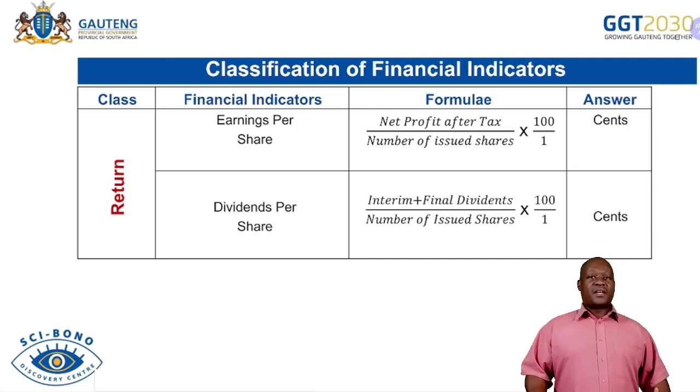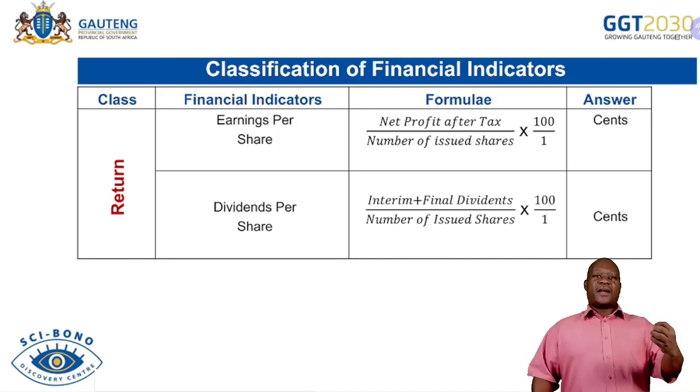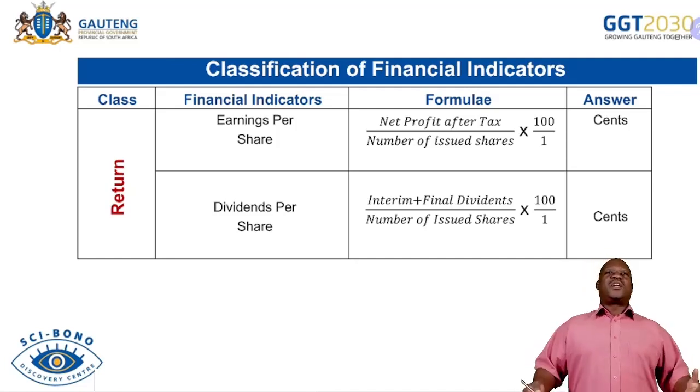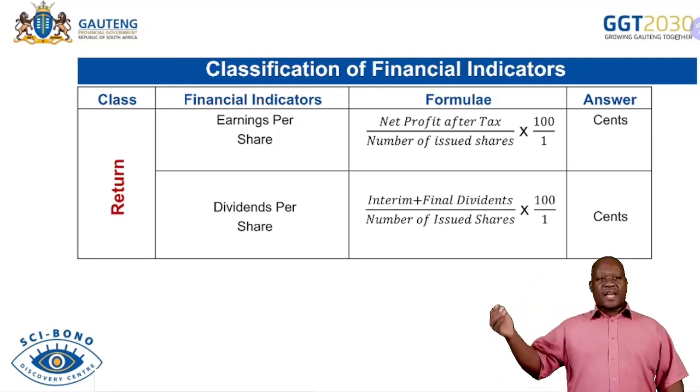Sometimes you can find a business where it has made 100 cents and they decide to give 120 as dividends to their shareholders. In that case, it means they are giving back all the profits to the shareholders as dividends, plus taking from previous retained earnings and giving to shareholders.